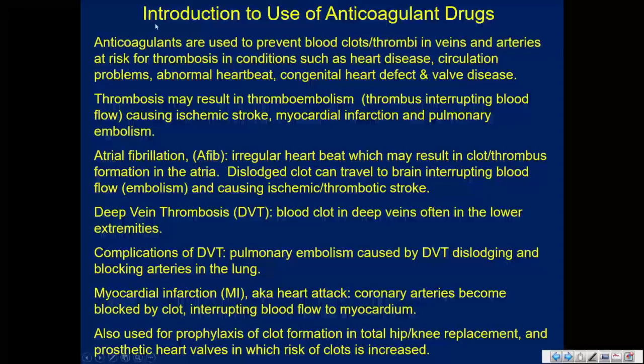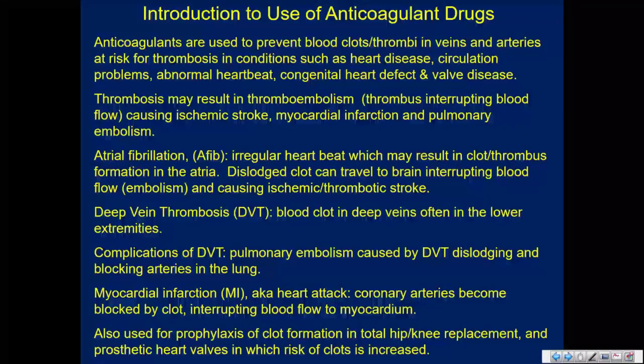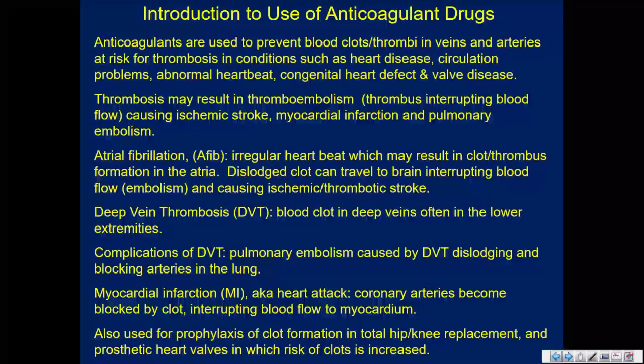So, as a reminder, anticoagulants are used to prevent clots or thrombi in veins and arteries that are at risk for thrombosis. There are a variety of conditions that put us at risk for pathological thrombi formation.